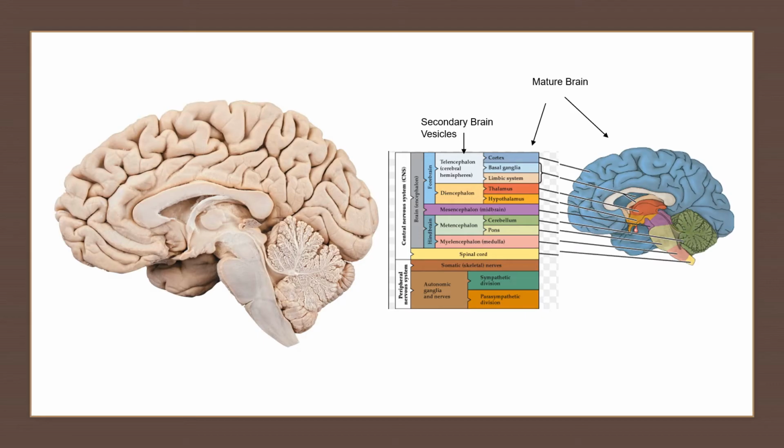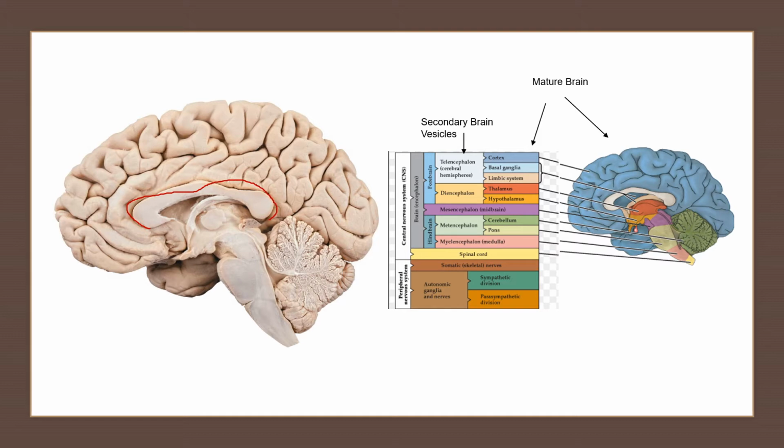Okay, so the picture on the right shouldn't be foreign to you. We've discussed secondary brain vesicles and the mature brain vesicles early on. But here you get a good image of a cadaver brain. And you can see where the cerebral cortex finishes or ends, which is this area right here.